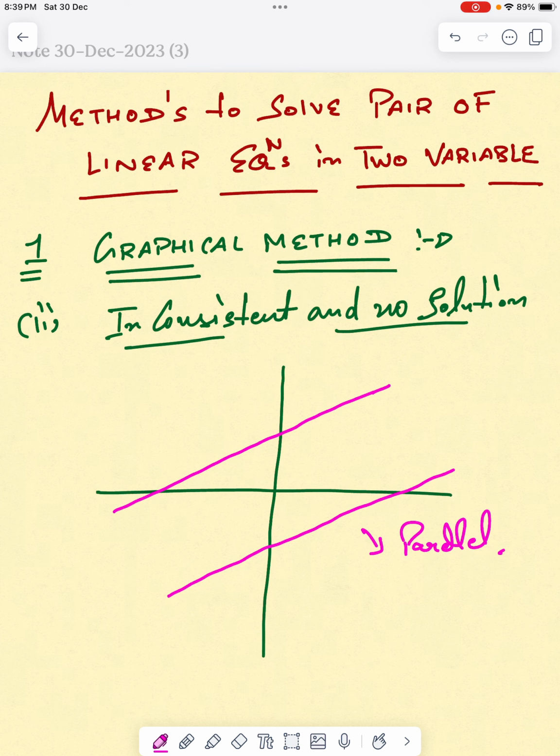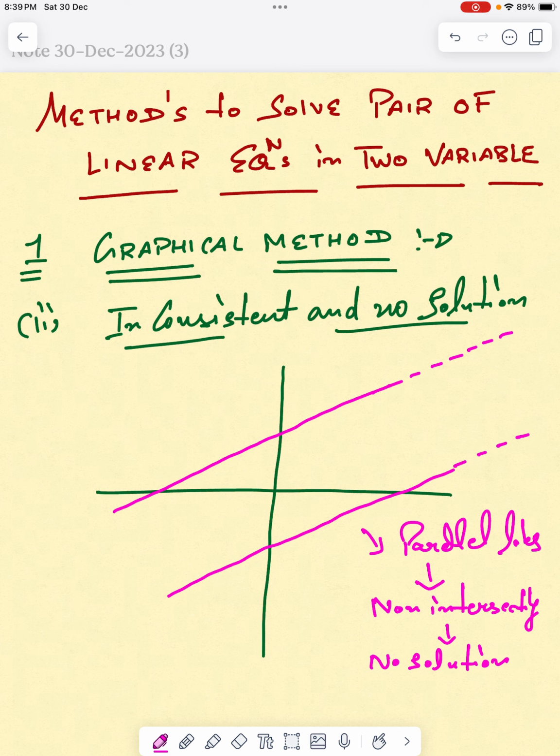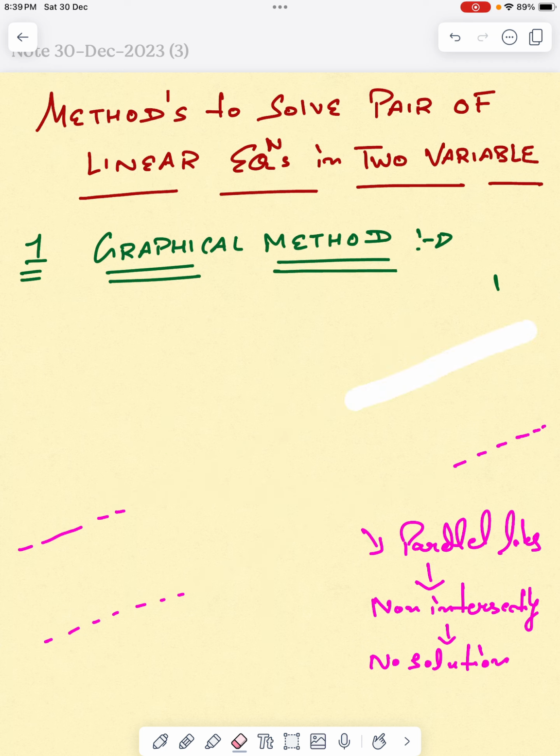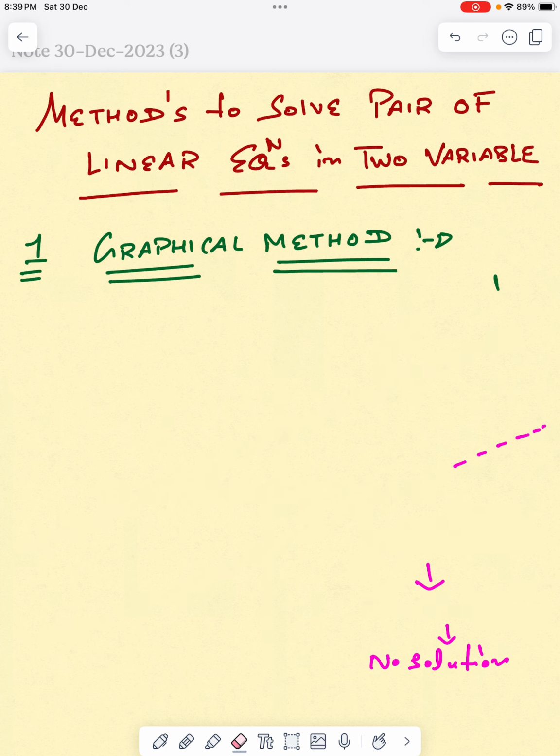Since parallel lines are non-intersecting, there is no solution because they do not intersect at any point. They go to infinity. So the given system of equations is inconsistent. That's why it has no solution. These are the three kinds of solution you may get if you solve any question graphically.